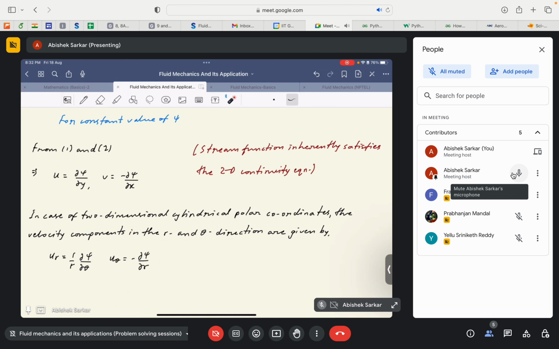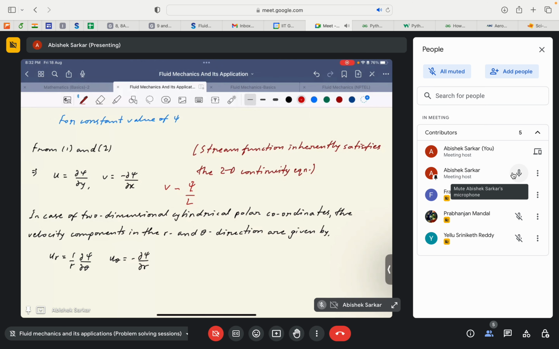If you compare the dimensions, you will see that velocity would vary as psi, say we denote the dimension of psi as capital psi, divided by the dimension of some length.